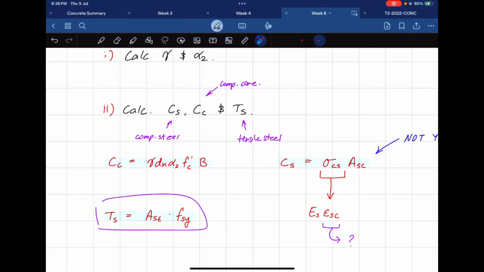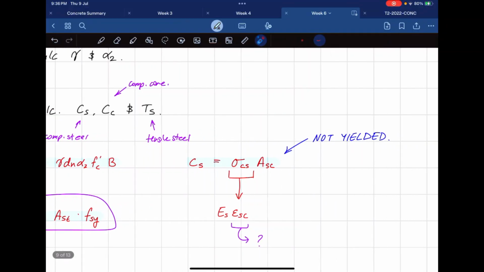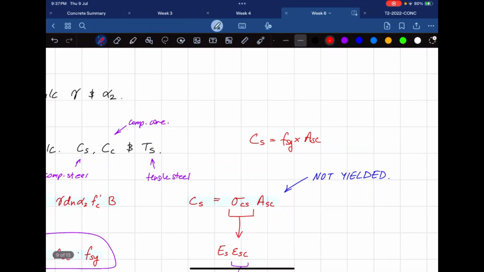Now this one we've actually assumed it's not yielded, so we can't just say that CS is equal to FSY times ASC, because it's not yielded. The nifty thing is this: if we use FSY, or this letter F, it usually means it's yielded.